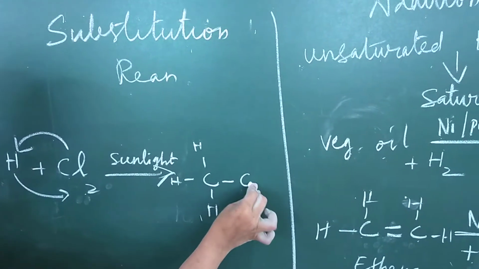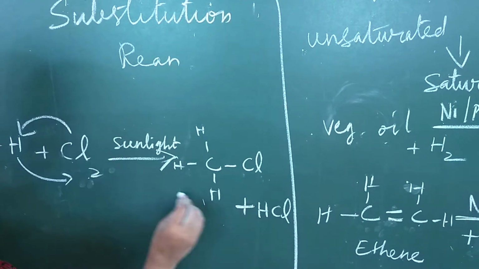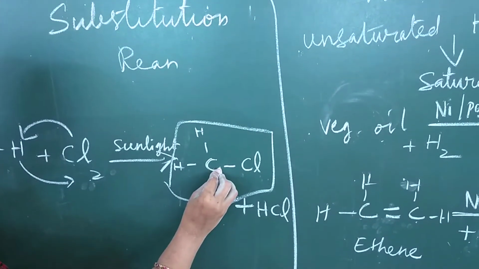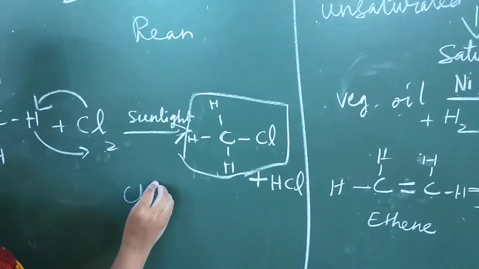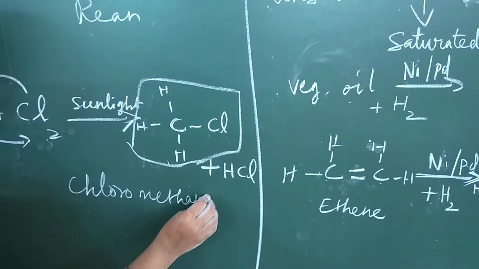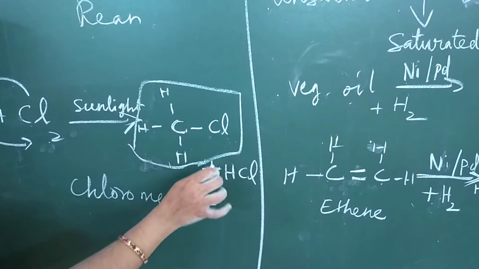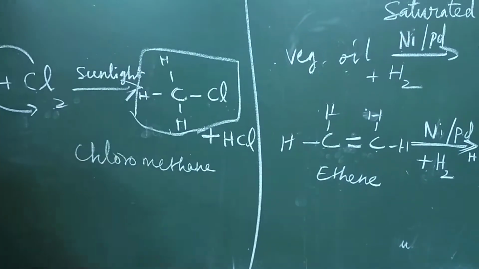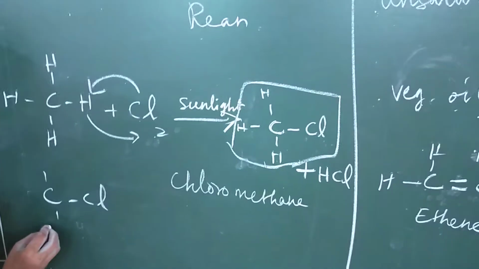Instead of hydrogen, chlorine will be there, and the hydrogen combines to form HCl. So what will be formed? One carbon, one chlorine: chloromethane. And if you remove 2 hydrogens, that is also possible. Another chlorine will attach, and another one. Another example: now this chlorine atom is there.